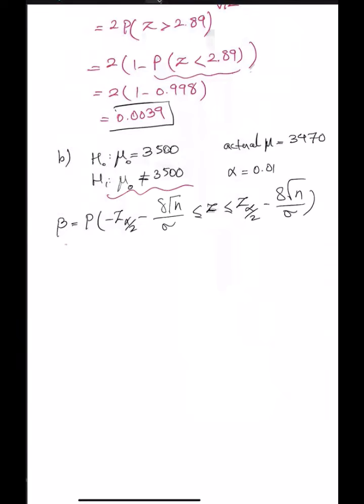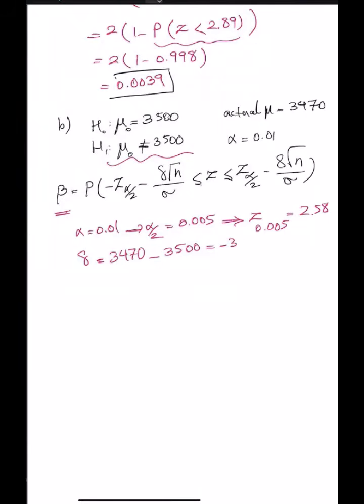Okay, so this is the formulation for beta. And to be able to calculate beta, I need to know z of alpha over 2. So alpha is 0.01, so alpha over 2 is 0.005. So I have to calculate z of 0.005, which we calculated for one of the previous problems. That's going to be 2.58. Also, the value of delta equals the actual mu, which is 3470, minus mu null, which is 3500, and that's going to be minus 30.